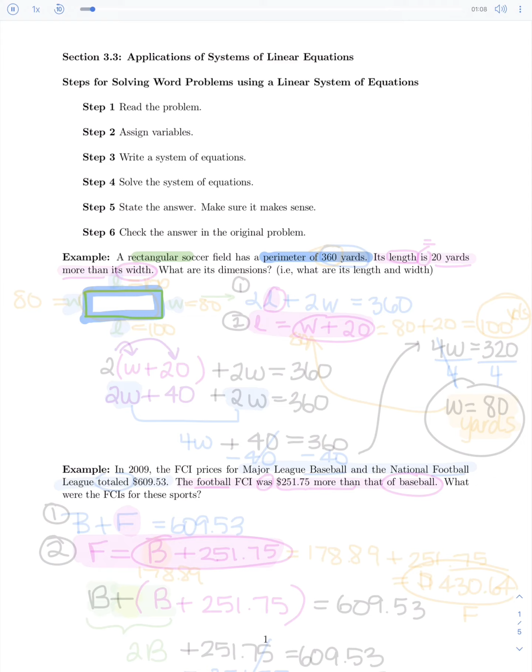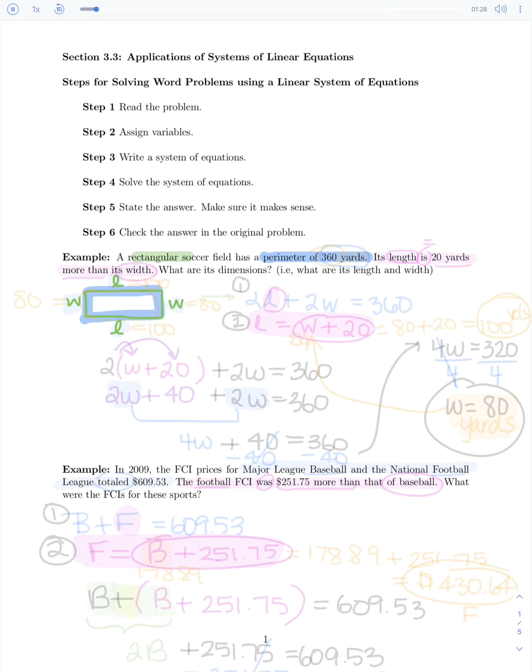Well, then I need to know what the names of the lengths are on a rectangle of all the sides. Opposite sides are the same, and usually we call two of the sides the length and two of the sides the width.